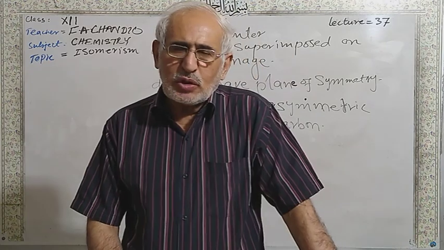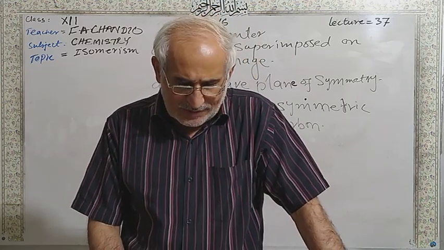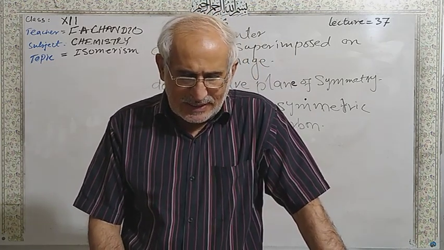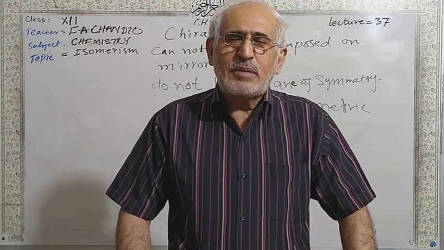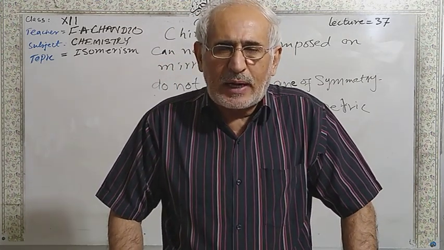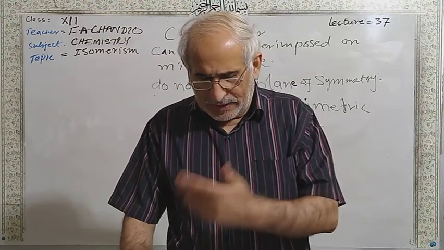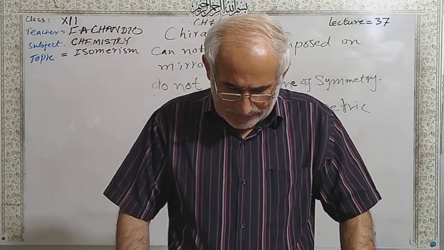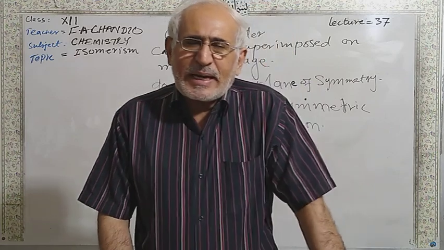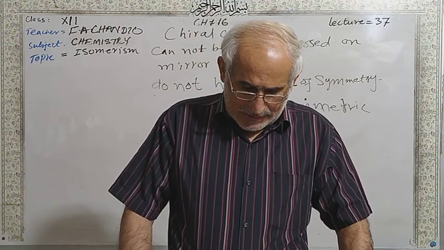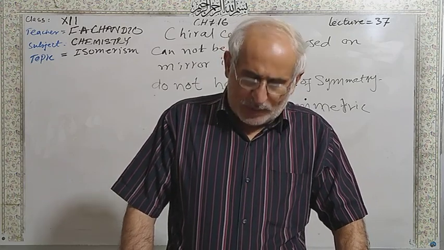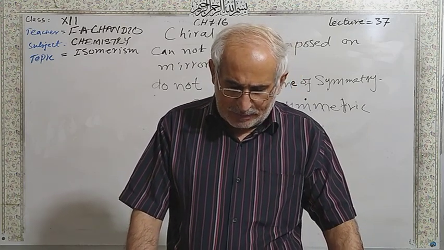I told you the chirality of an object is typically seen in a molecule that has a chiral, asymmetric, or dissymmetric carbon atom. We have many examples. The dissymmetric or asymmetric carbon atom cannot be superimposed on its mirror image.